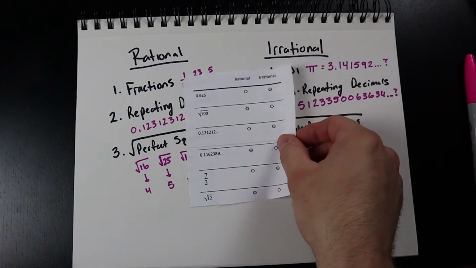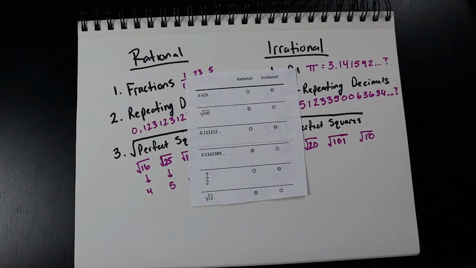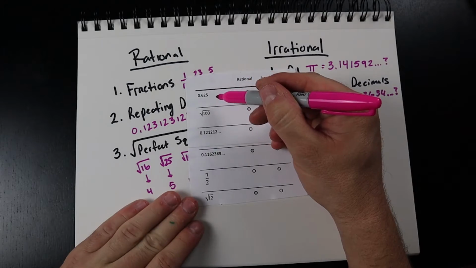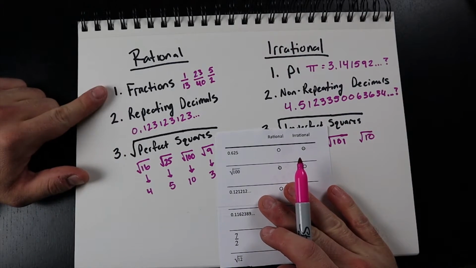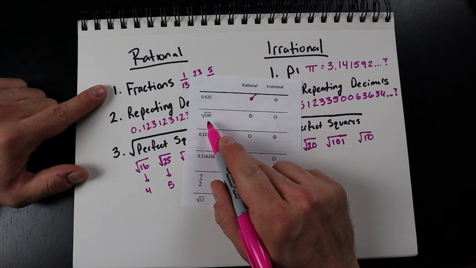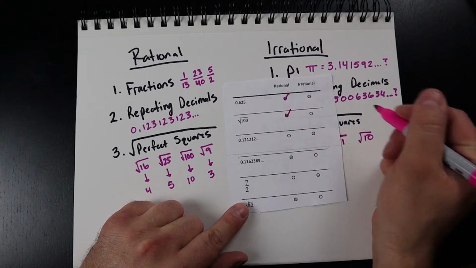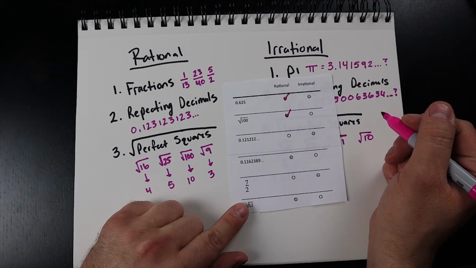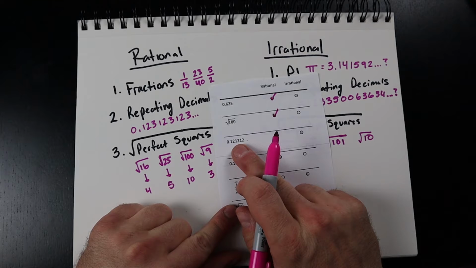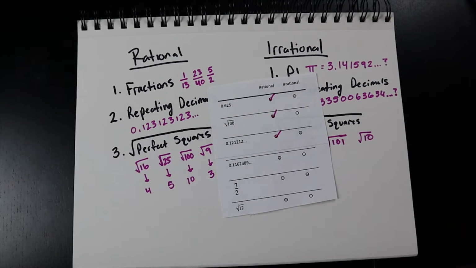Most of the time, when you are asked a question about rational and irrational numbers, it simply wants you to classify what that number is. The first number is a decimal that ends and doesn't repeat. That is a dead giveaway that it can be a fraction, which makes it rational. The square root of 100 is a nice clean 10, so it is a square root of a perfect square, and a rational number. A repeating number is predictable, or I know what's going to come next, so it can be turned into a fraction.